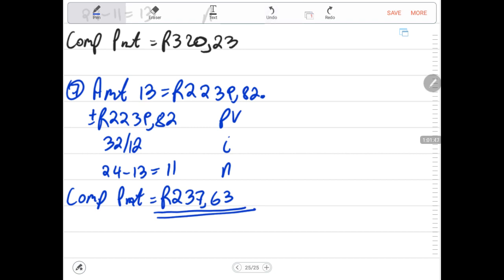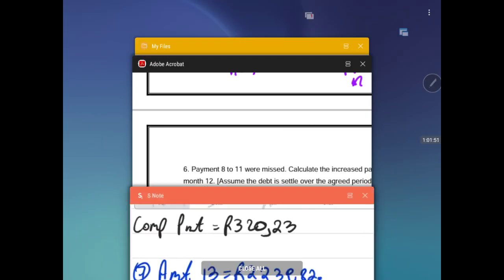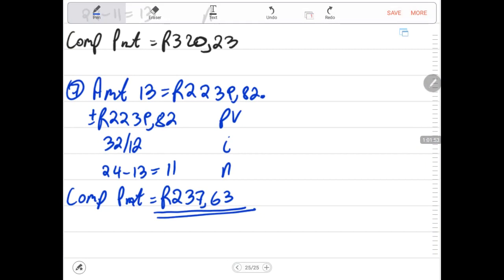There was a new annuity. Now that was number 7. And I want to let you know what our calculator knows: our n as 11, PMT as 233, and our present value as this. This is because of the change in the interest rate.